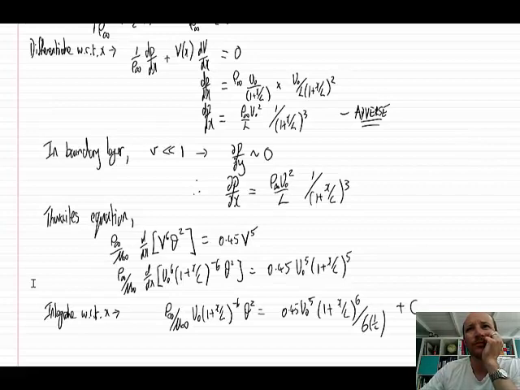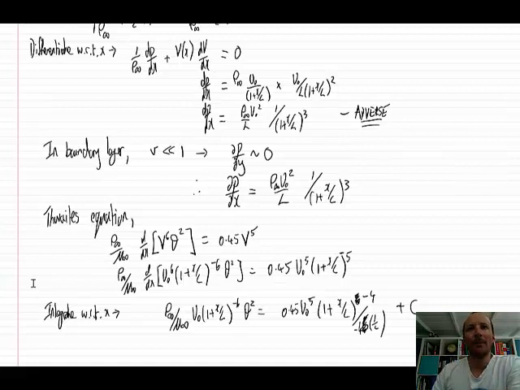Nope, that's not right. So why isn't that right? That's not right, because there should have been a minus 5 up here, which would make this a minus 4 here, which makes this a minus 4 down here. Apologies.